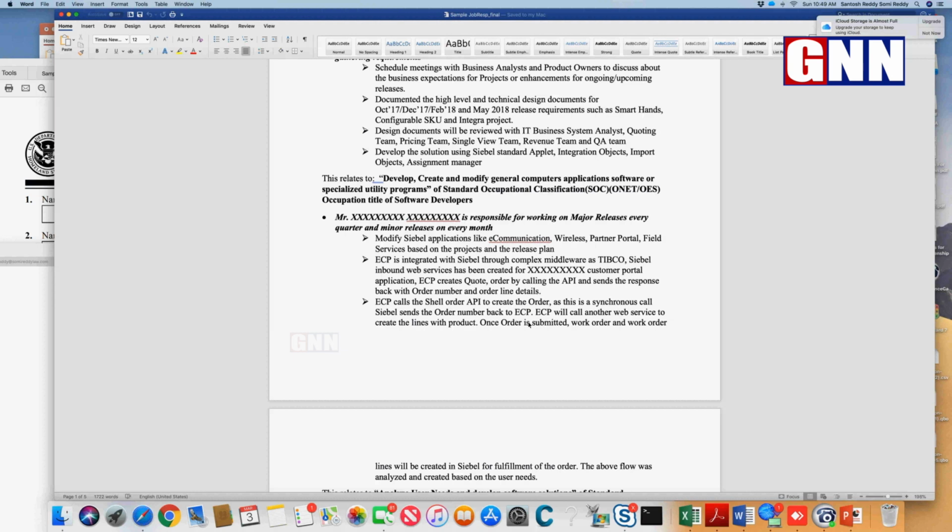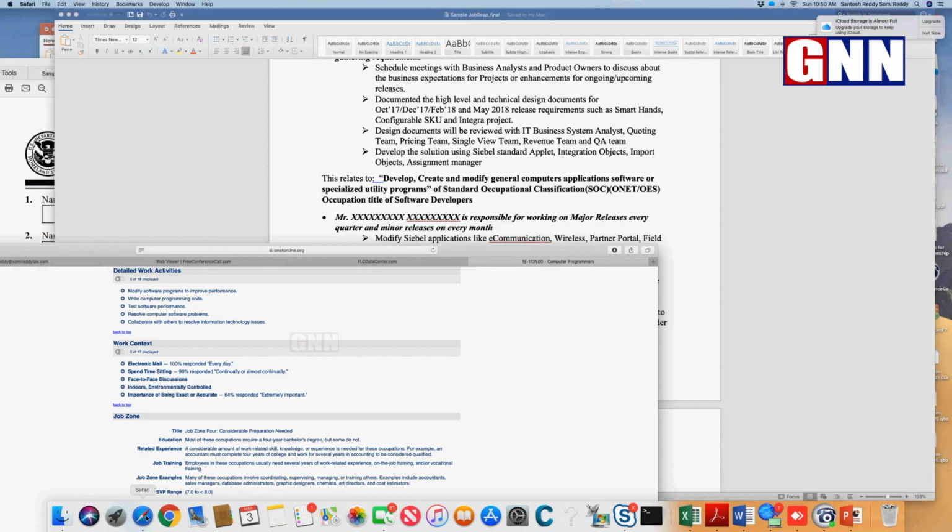When we write job duties for a specific role, like any technology related, do we need to follow any guidelines? Yes. So basically, this is what I would suggest you do. The moment an LCA is filed, you would know the SOC code from the LCA, right?